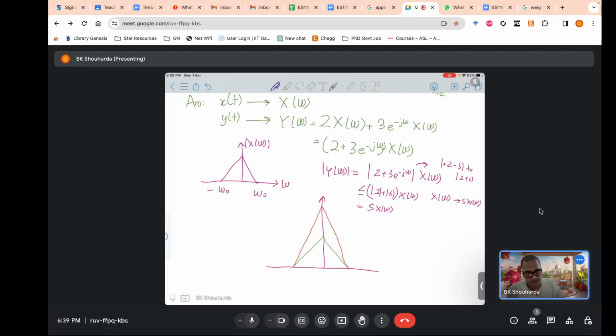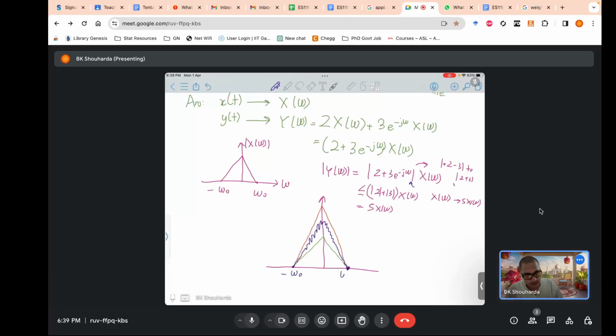So it will be somewhere in between, isn't it? Something like this. It won't be so abrupt or hazy, but what I'm saying is that the values will remain between these two triangles. So you see there is no effect on the bandwidth.